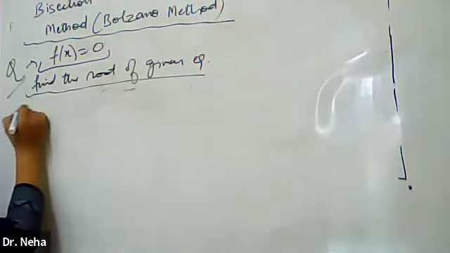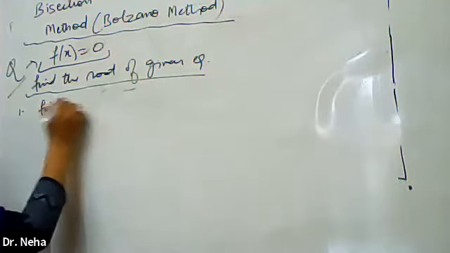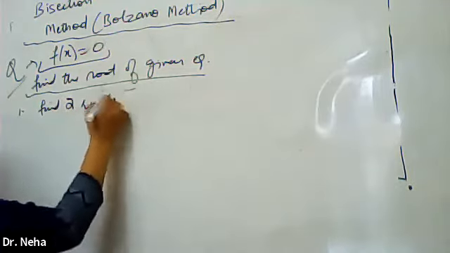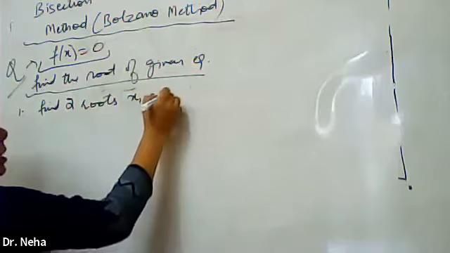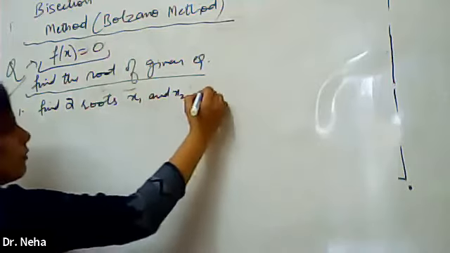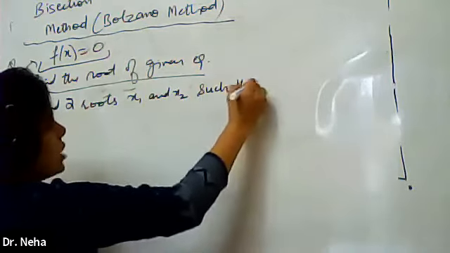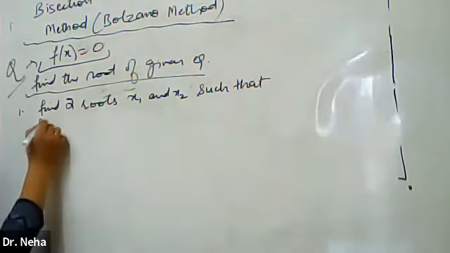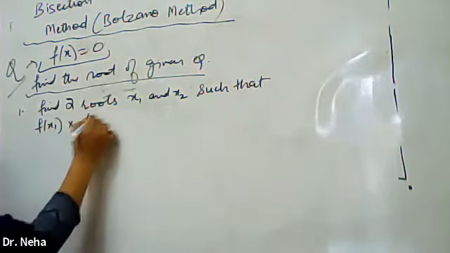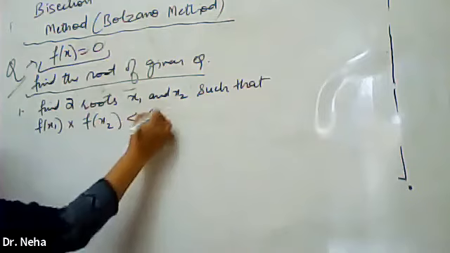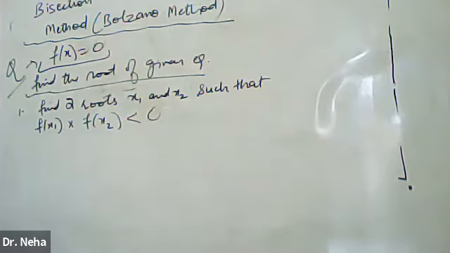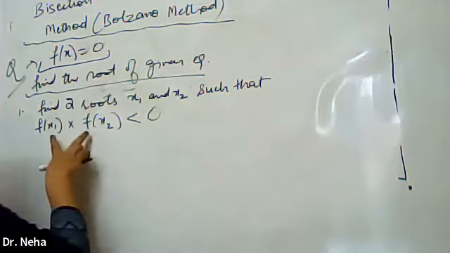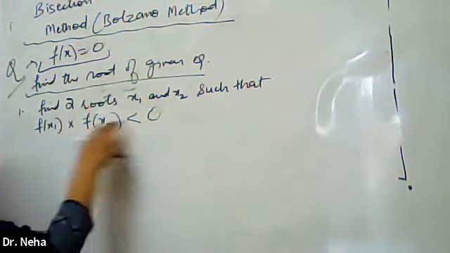See, there is some working rule. Step number 1, find two roots x1 and x2 such that fx1 multiply by fx2 is less than 0. That is, when you multiply the value of the function at both points, it should be negative.